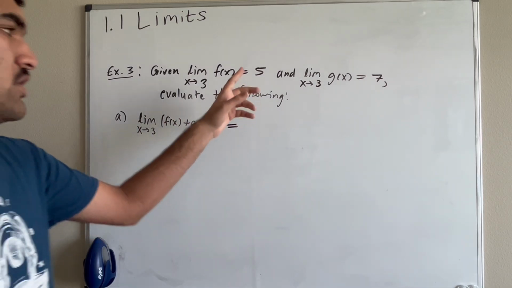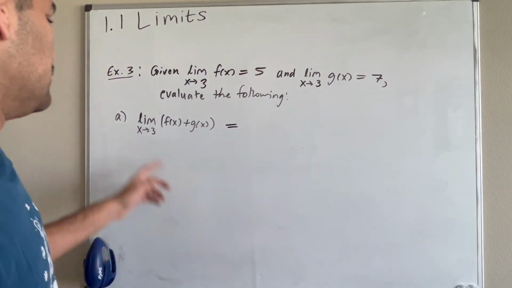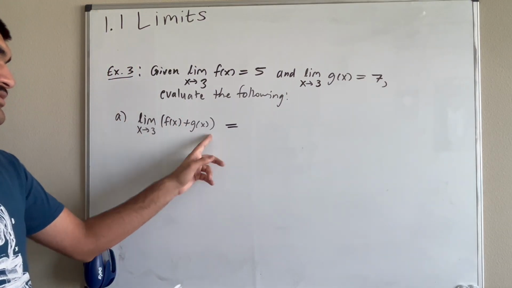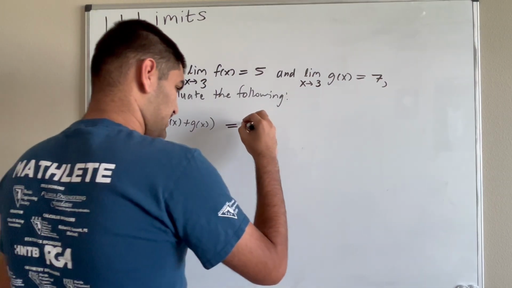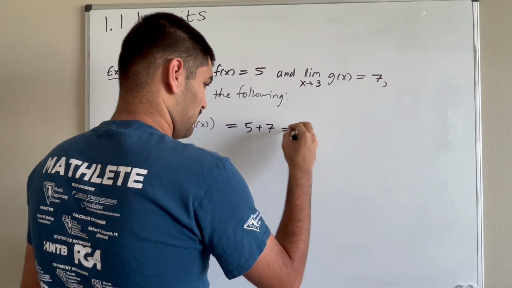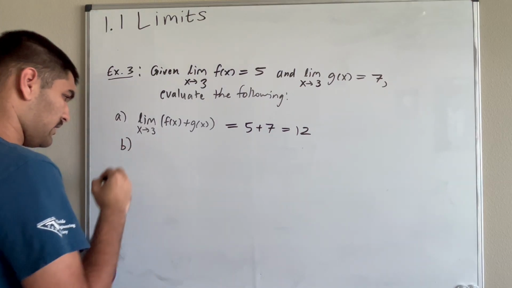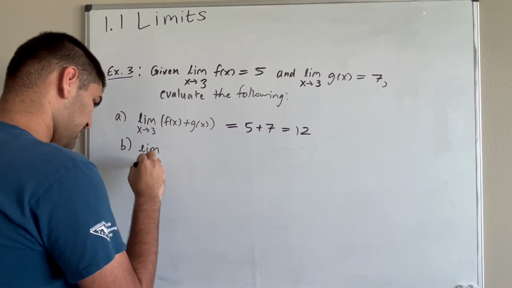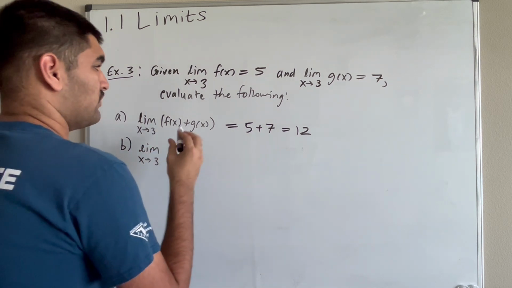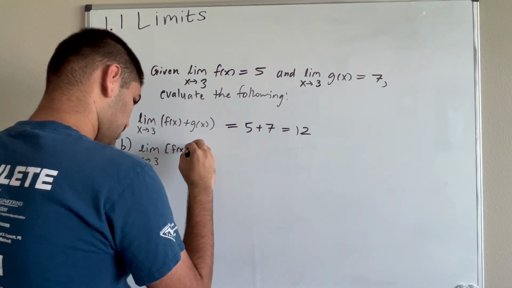In this case, our L is equal to 5 and our M is equal to 7. So the limit is L plus M, which is 5 plus 7, which is just 12. Cool. Part B. Let's evaluate the limit as x approaches 3 of f of x squared.